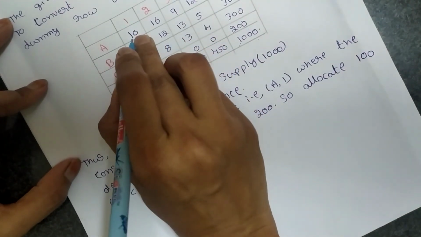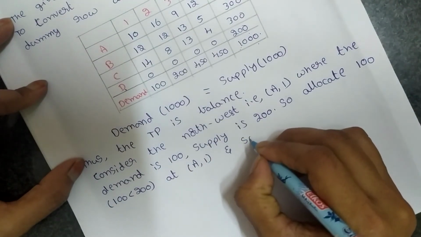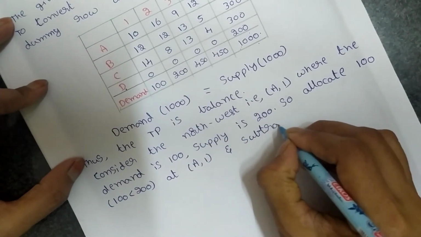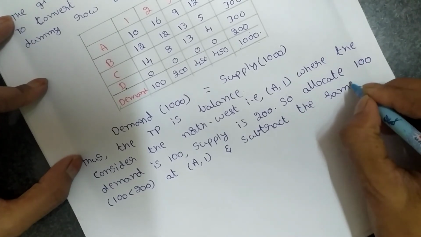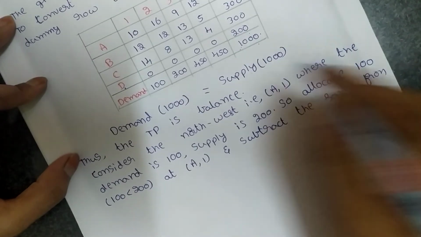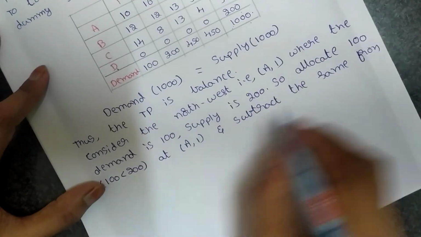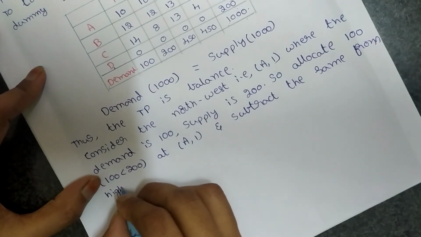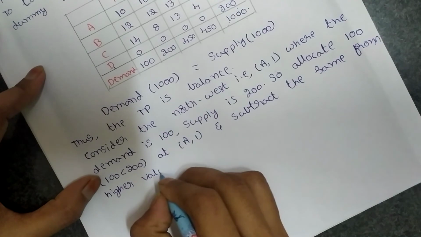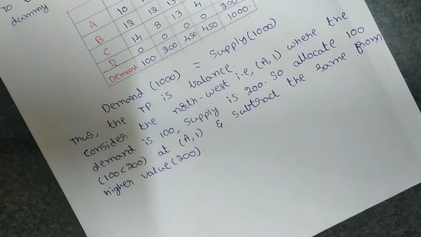Then subtract the same amount from the higher value. Which is the higher value? 200, written here. So in brackets we will mention the remaining 100 in place of 200. Then we will get the new transportation table.